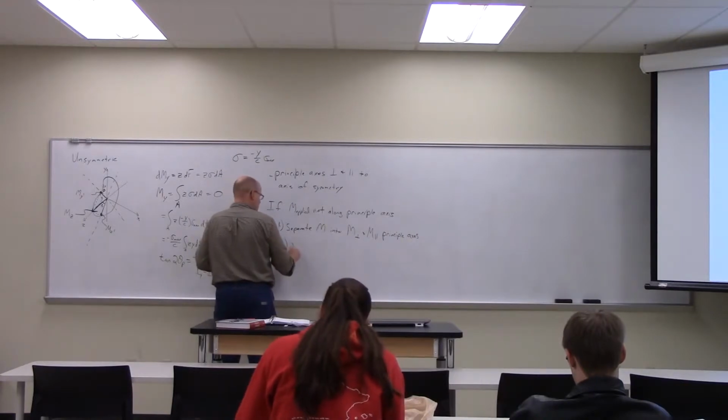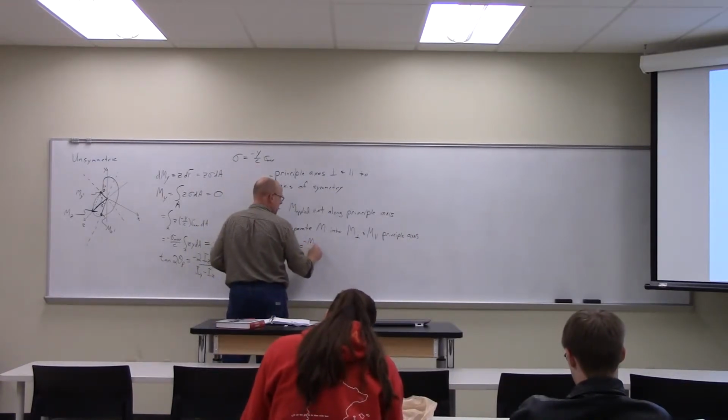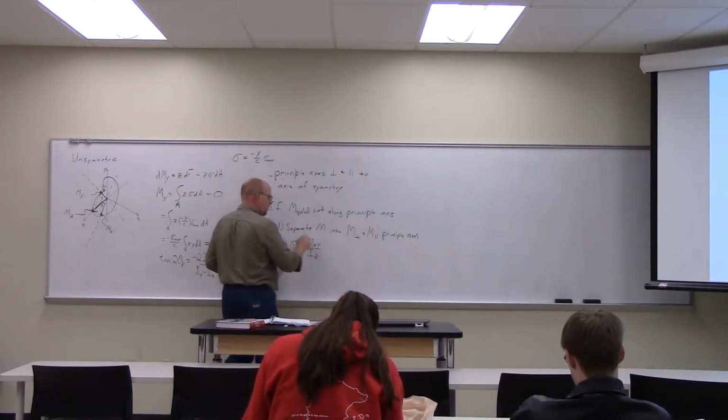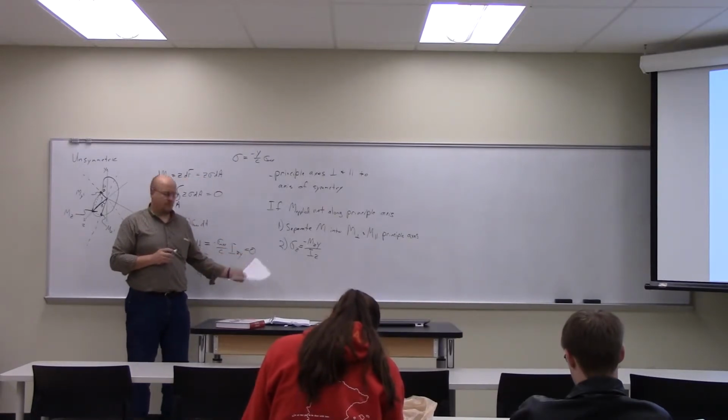Then you've got sigma is equal to minus the moment about the z-axis times y divided by I in the z-axis. We derived that expression last time.